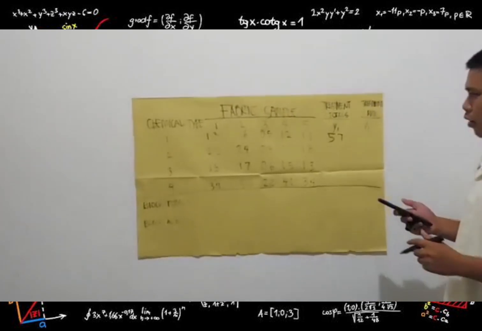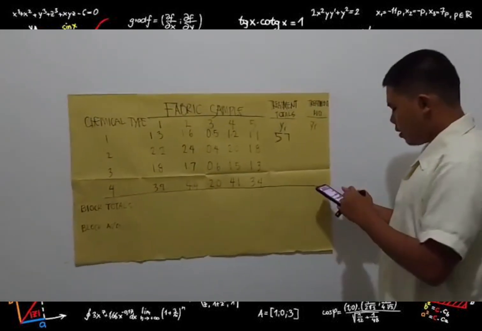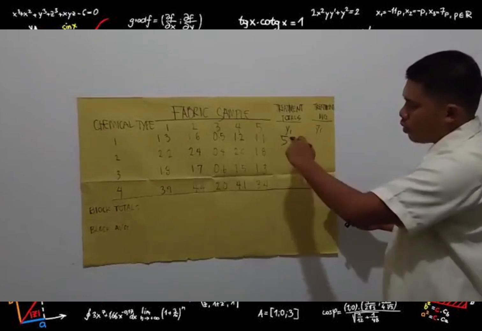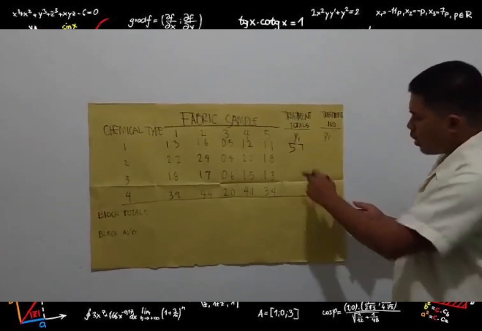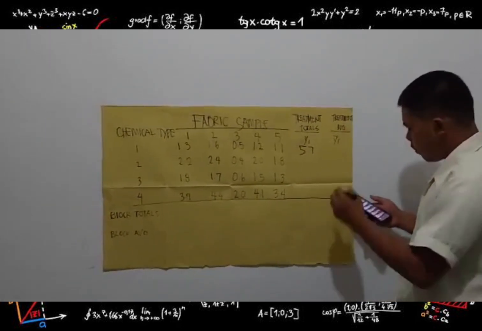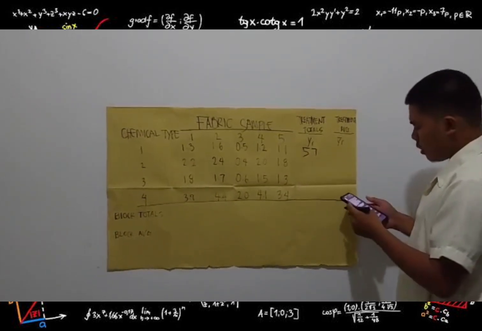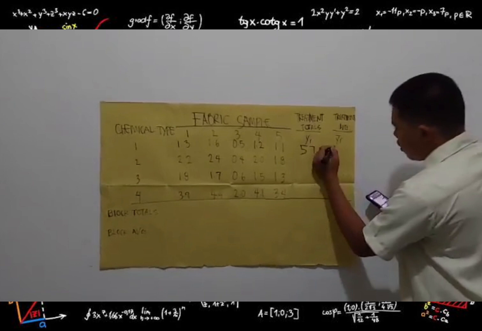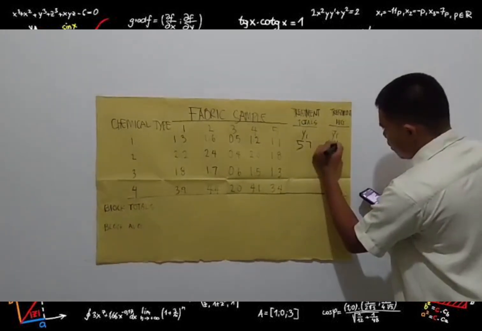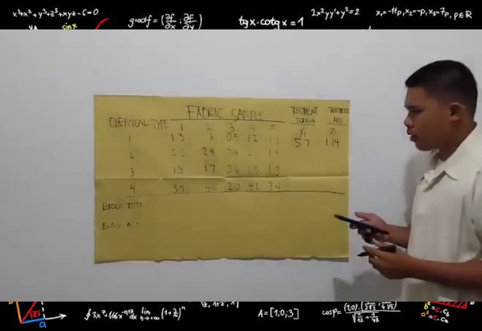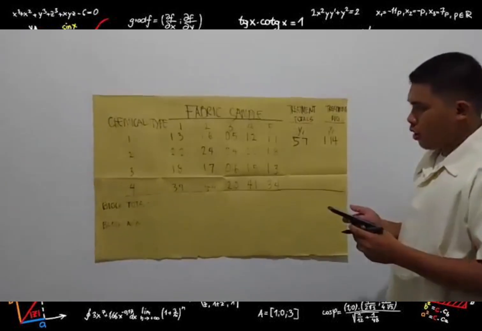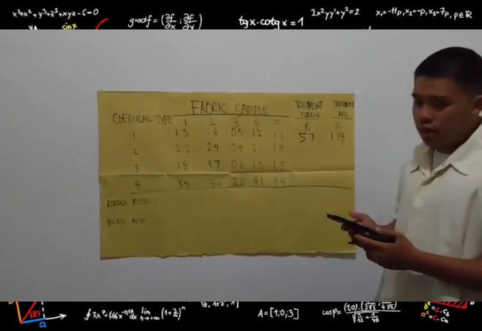And in order to get the treatment average, we must divide the total of fabric samples and the treatment total, which is 5.7 divided by 5, which is 1.14. And on chemical type number 2, we do the same thing.